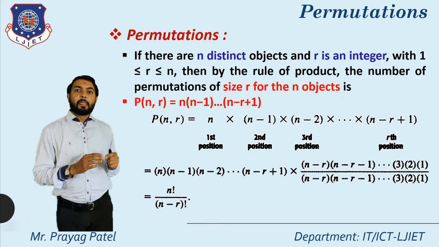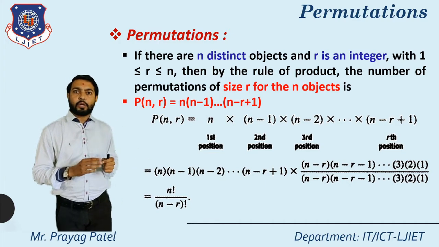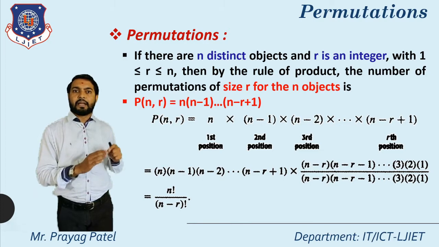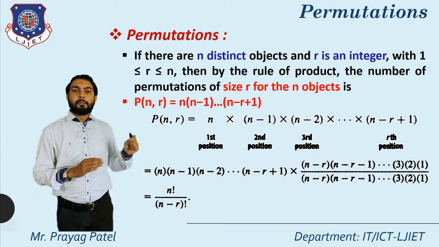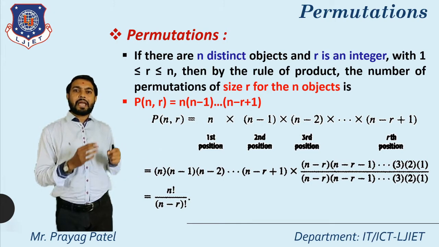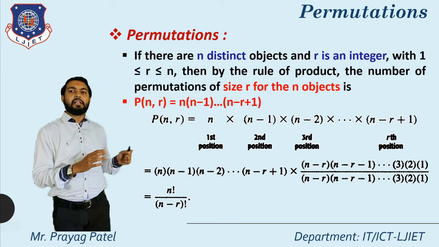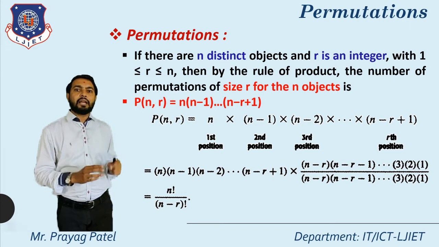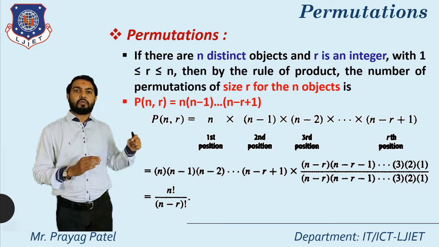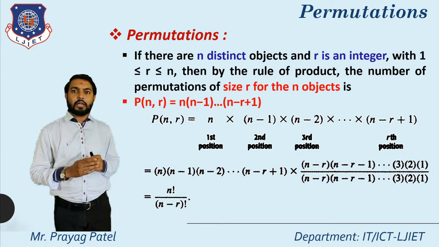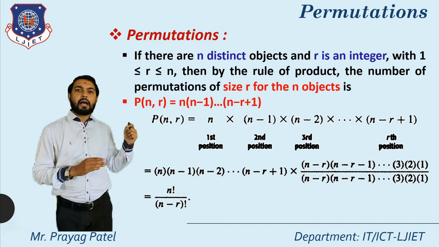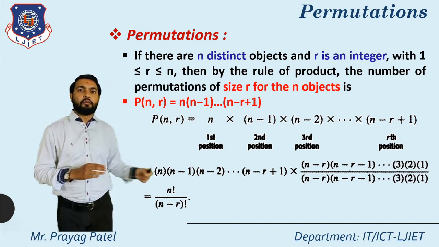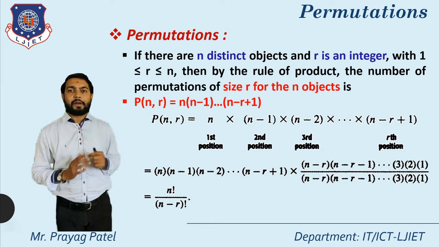Now multiply the next position as n minus r, because the previous one was n minus r plus 1, then the next one as n minus r minus 1, up to 3 2 1. So multiply and divide this same thing with the previous equation, and we will get the upper side as n factorial, divided by the lower side, n minus r minus 1 up to 1, that means n minus r factorial.